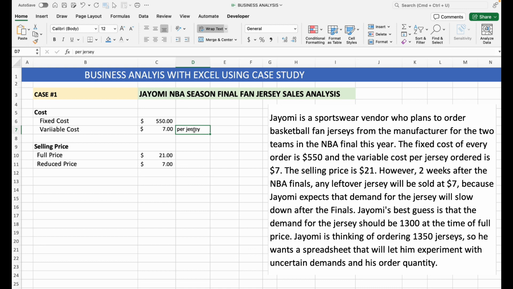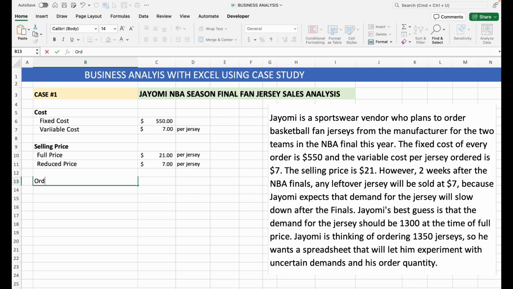So what are the other things we are given? The demand, yes. Then the jerseys you want to order. Ordered quantity or demand.